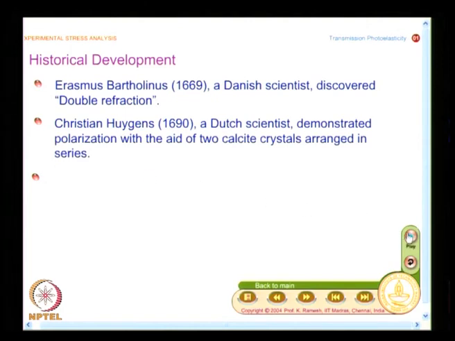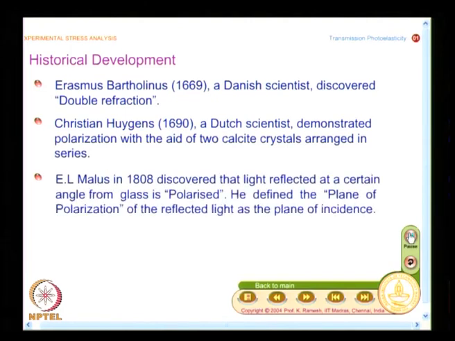Then what do you have? Then you have Malus in 1808, who observed that light reflected at a certain angle from glass is polarized, and he defined the plane of polarization of the reflected light as the plane of incidence.